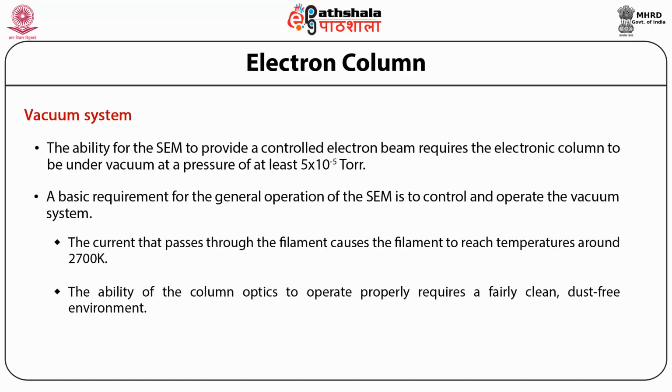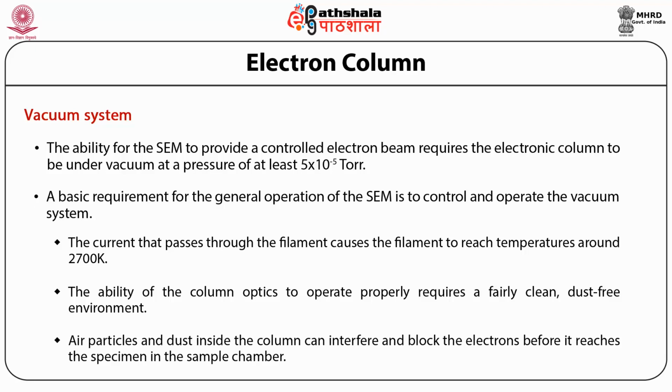Second, the ability of the column optics to operate properly requires a fairly clean, dust-free environment. Third, air particles and dust inside the column can interfere and block the electrons before they reach the specimen in the sample chamber.